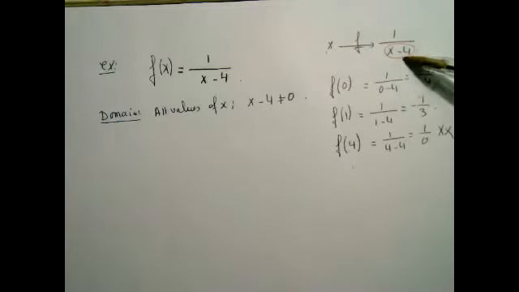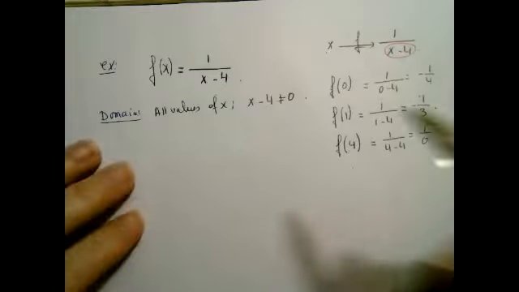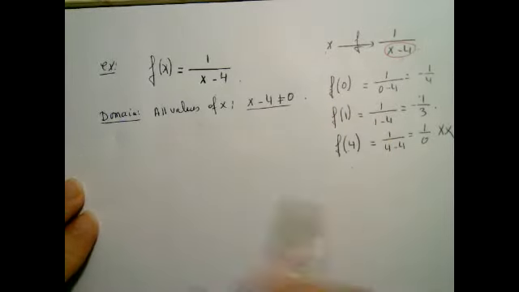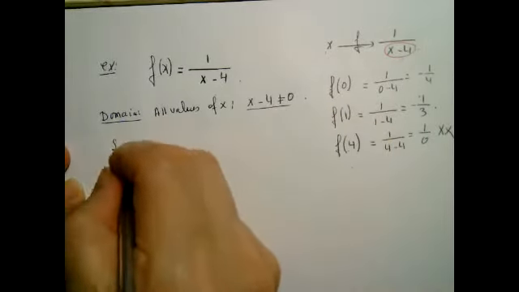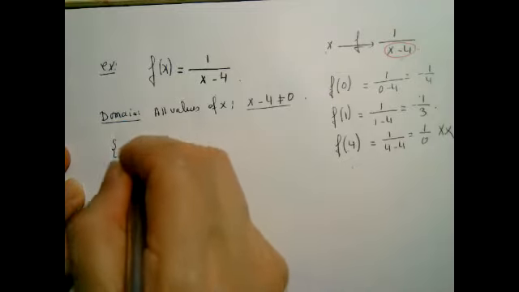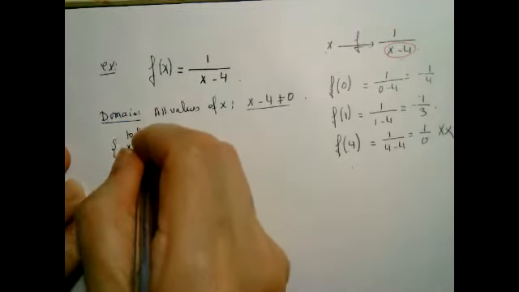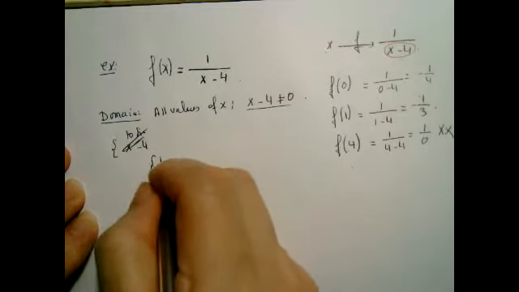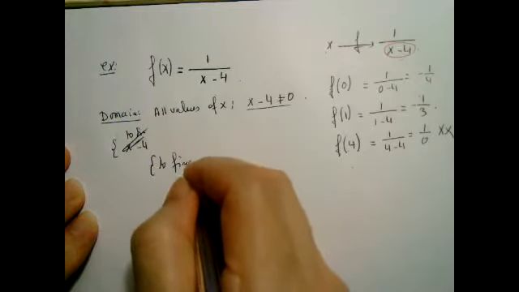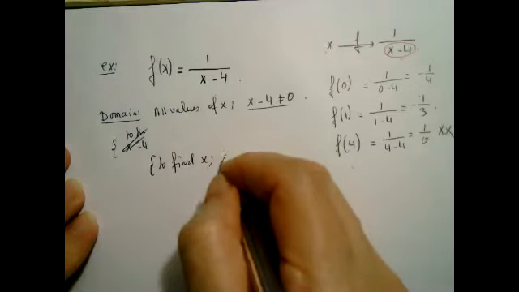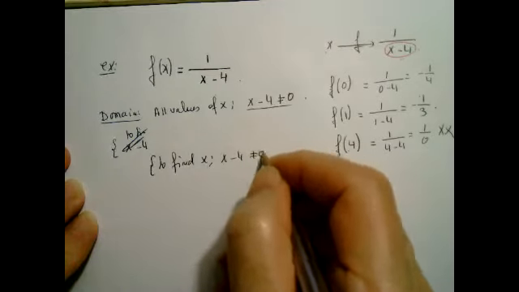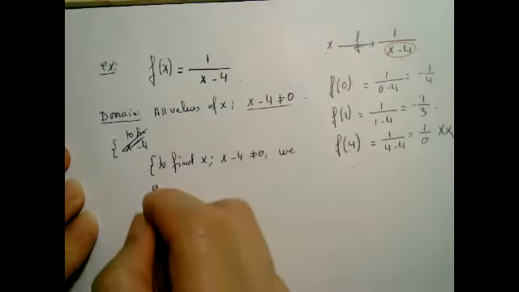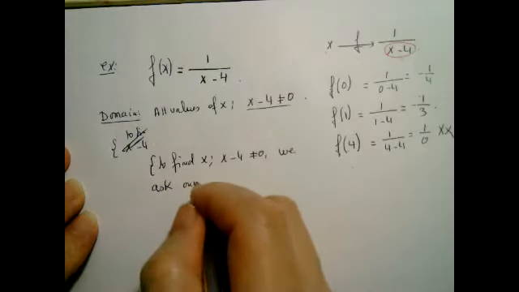If the denominator is not 0, I'm safe. 1 over a non-zero number, I'm safe. Now, how can I find all the x's? To find the values of x such that x minus 4 is different from 0, we ask ourselves the following question.